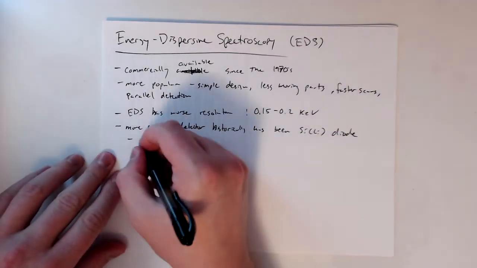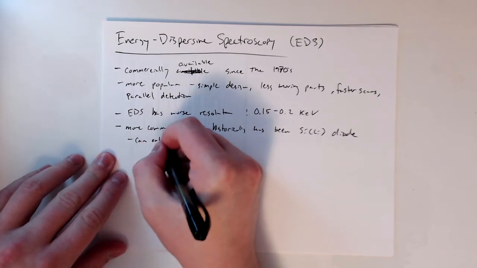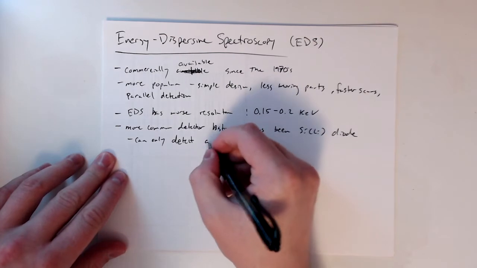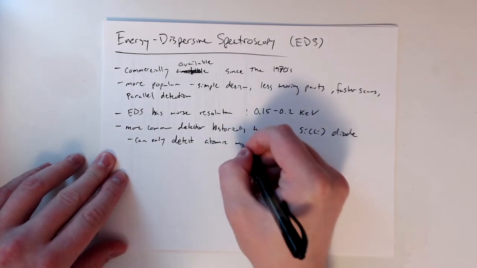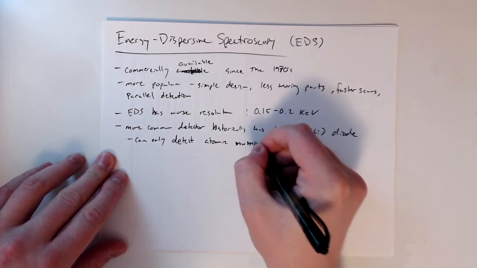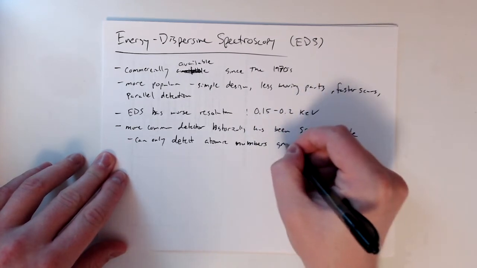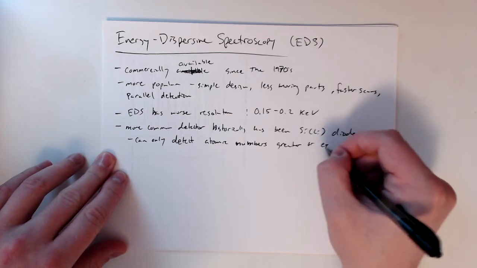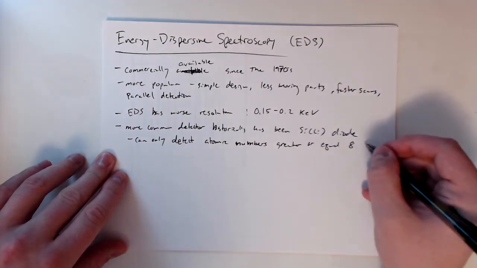And so this could only detect atomic numbers greater than or equal to 8. So that's oxygen.